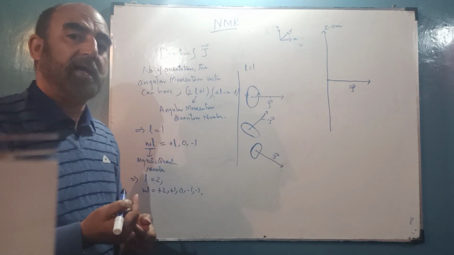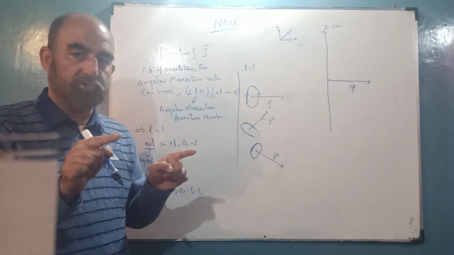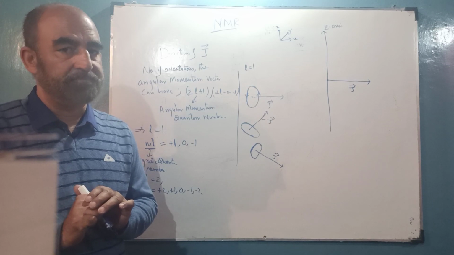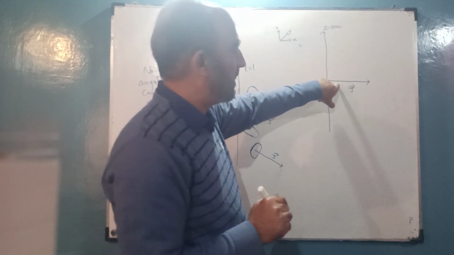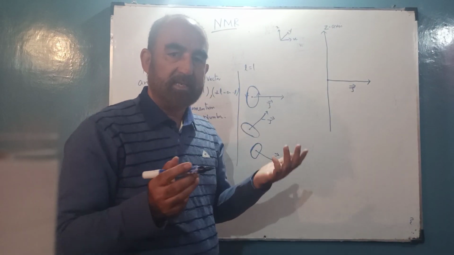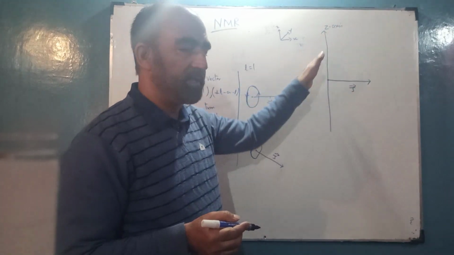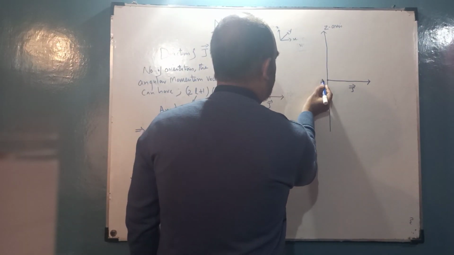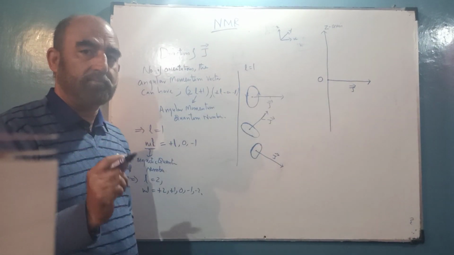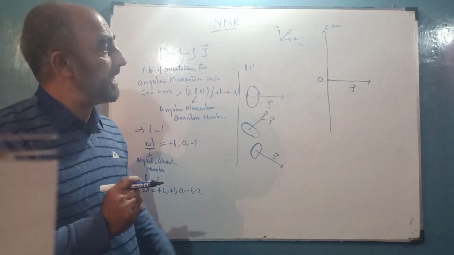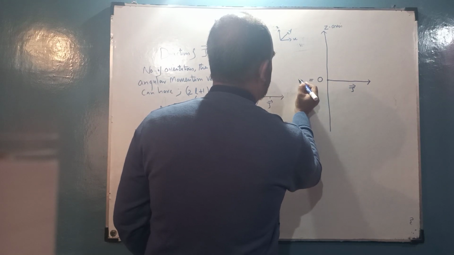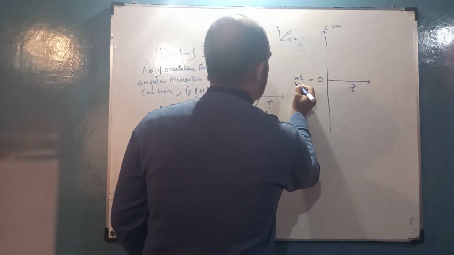We know that any vector can be resolved into 3 component vectors along the 3 axes of the Cartesian coordinate system. Now, if this is the angular momentum vector J, how much of it is on the z-axis? The answer is 0, because this vector is perpendicular to the reference axis. That means the component of the angular momentum vector J along the z-axis is 0, and this 0 I show by writing that the ML value is 0.